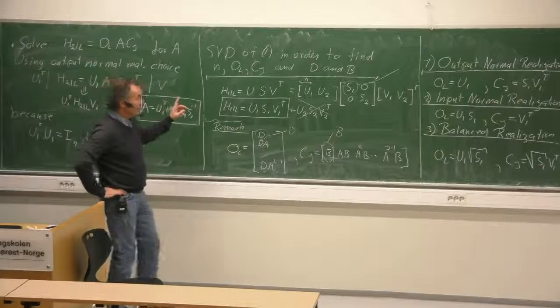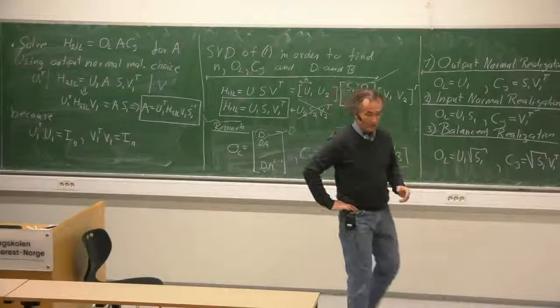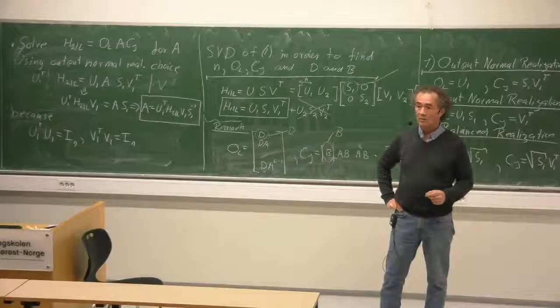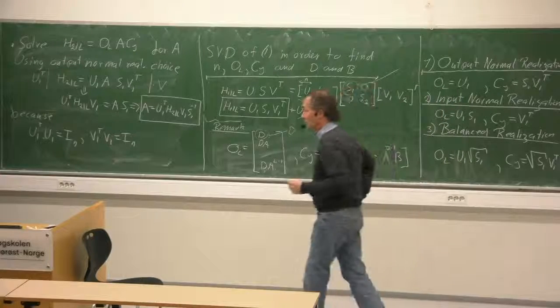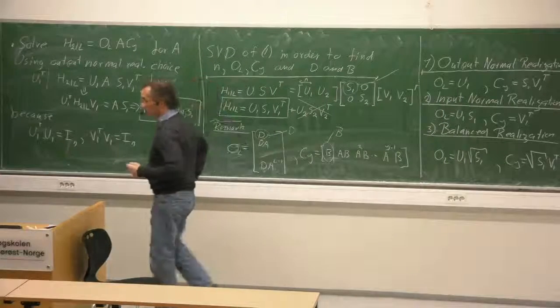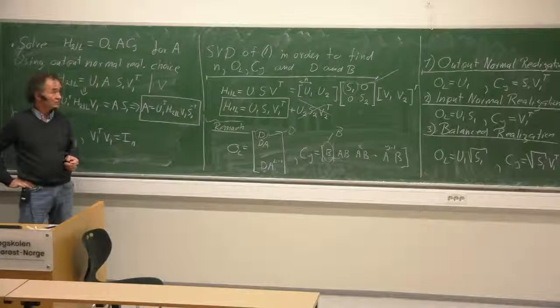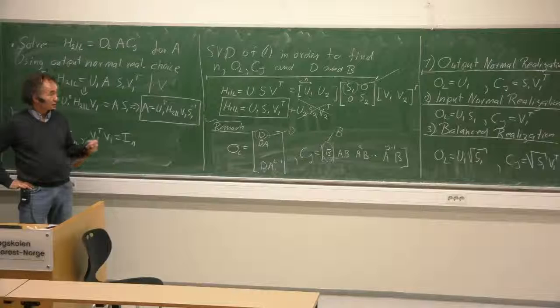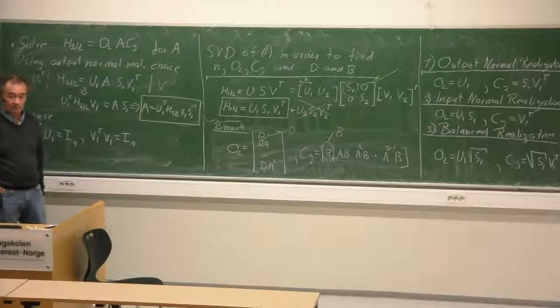They didn't use the singular value decomposition, but later on, efficient software for this singular value decomposition was published at the end of the 60s or early 70s. Then it was natural to do it like this.